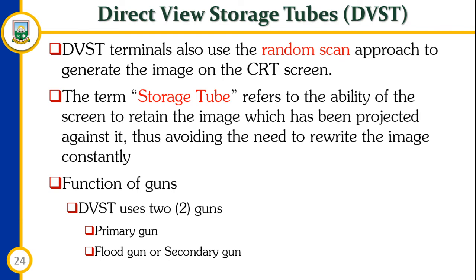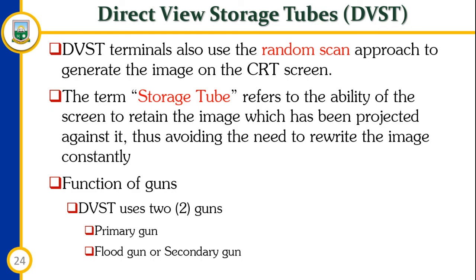Therefore, this avoids the need to rewrite the image constantly. The image projected on the screen is stored in the storage tube, and this helps this type of display from rewriting or regenerating the image constantly all the time, as compared to the previous ones.